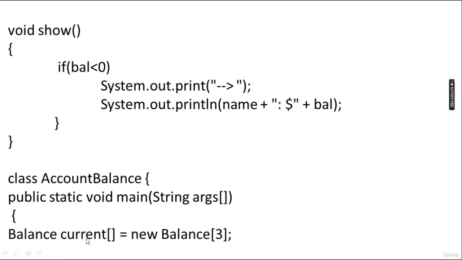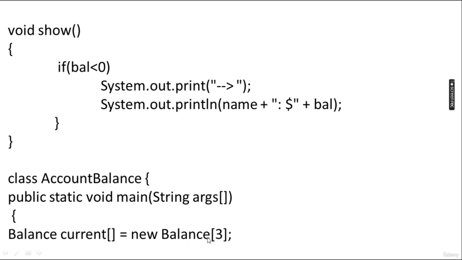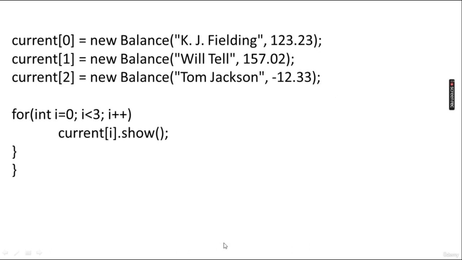Then class AccountBalance. Current is an array of class Balance, new Balance of 3. So 3 objects will be there in this array. New Balance, KJ Fielding, 123.23. Then current 1, that is the second object, is new Balance, Will Tell, 157.02.